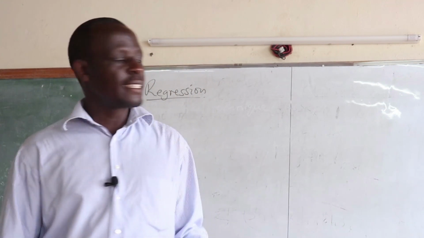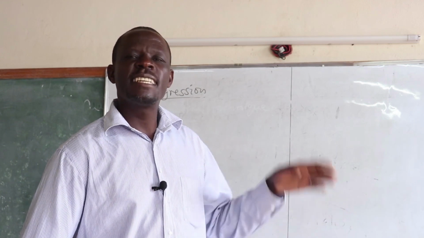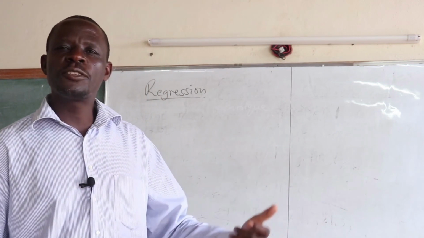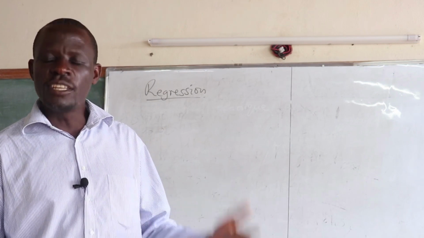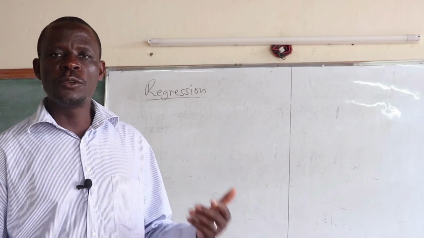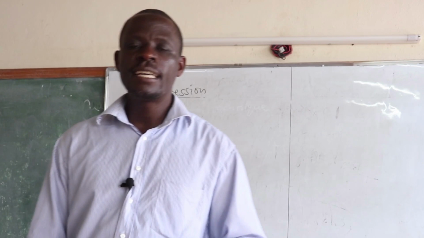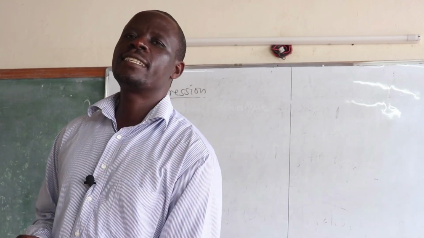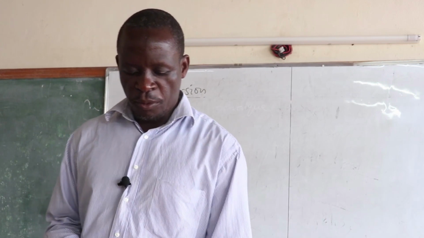Basically, as we have already said, regression is just one way of analyzing the data and coming up with a relationship within variables. It's not the only one. There are several other methods that we use. For example, we may be looking at correlation later on, but for now, we're going to look at regression only.